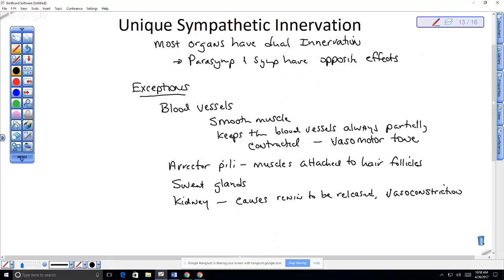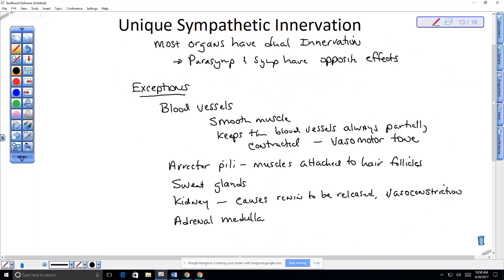Another organ that is only innervated by the sympathetic nervous system would be the adrenal medulla. So this is the inner part of the adrenal gland. And if you remember, the adrenal gland actually sits right above the kidney.